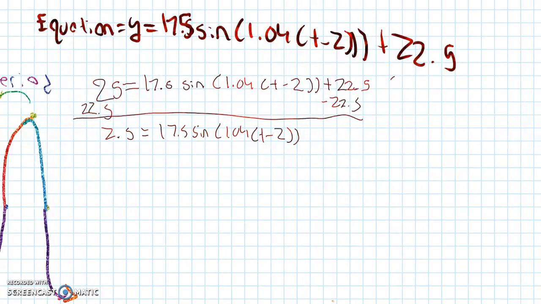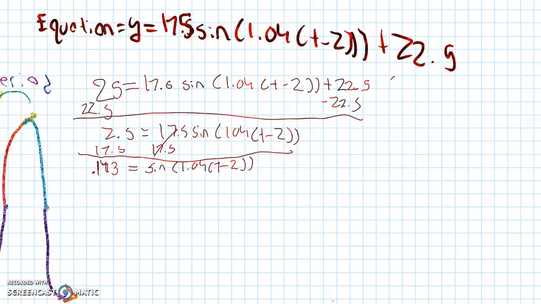Next, we divide both sides by 17.5. We want to get rid of every variable. 2.5 divided by 17.5 would get us roughly 0.143. It would be modeled 0.143 equals sine, open parentheses, 1.04, open parentheses, t minus 2, close parentheses. To get rid of sine, we apply the same rules as with any other variable.